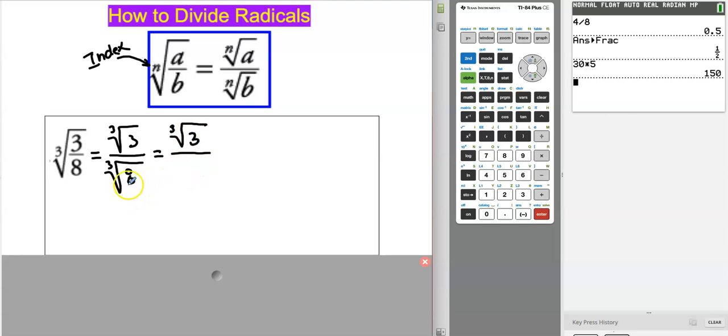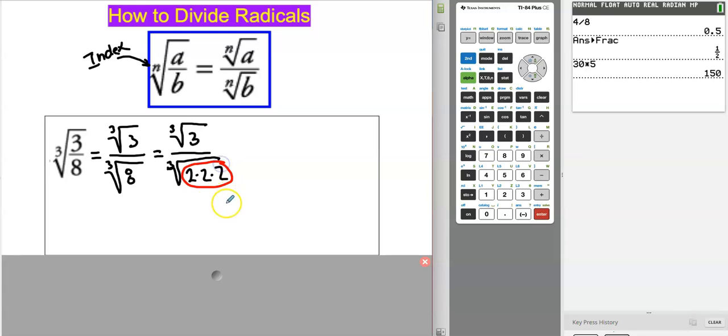All right, now the bottom part I can break down, and you should know that you can break this 8 down into 2 times 2 times 2, and it is still the cube root. The cube root tells us that I can group together 3 numbers.